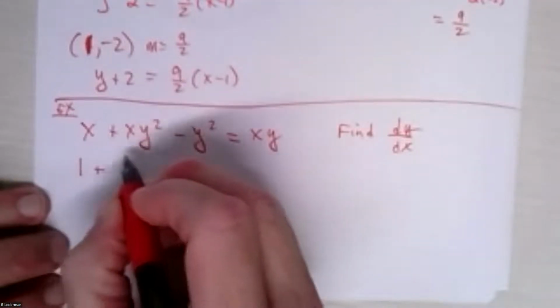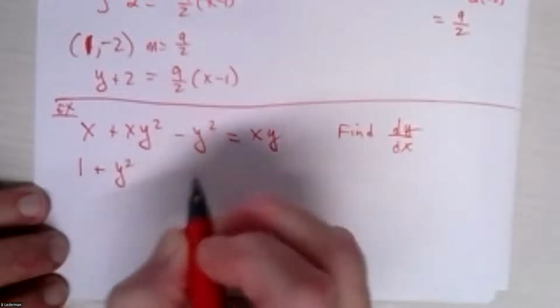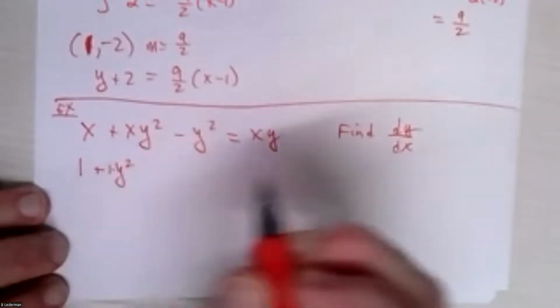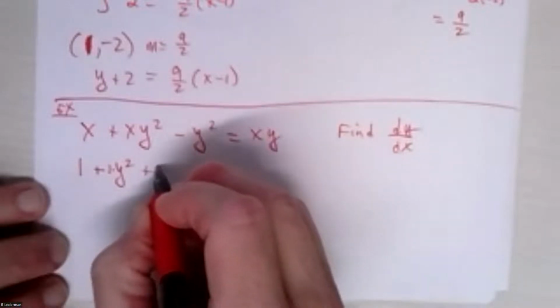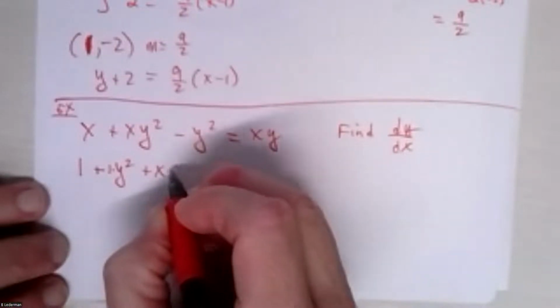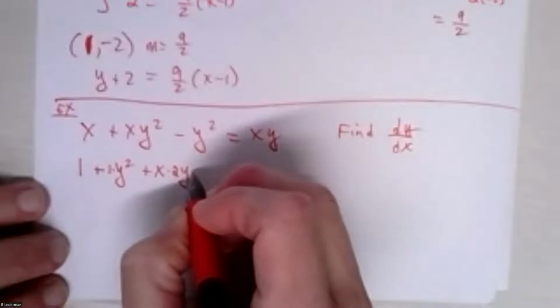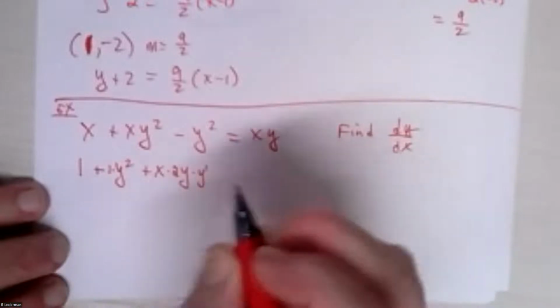So it's going to be y squared, because the derivative of x is just 1. I'm going to put the 1 there, plus x times 2y times y prime.